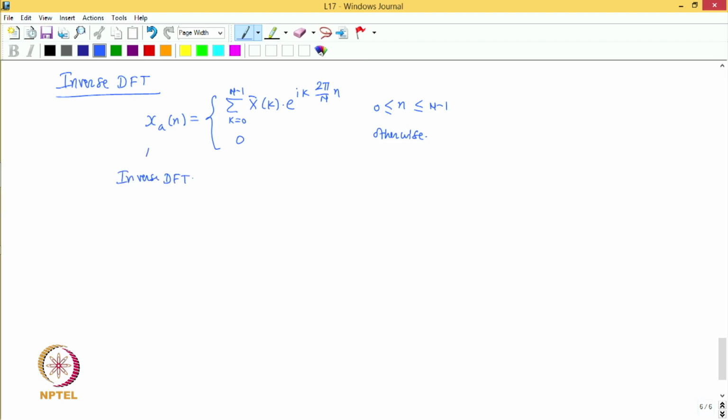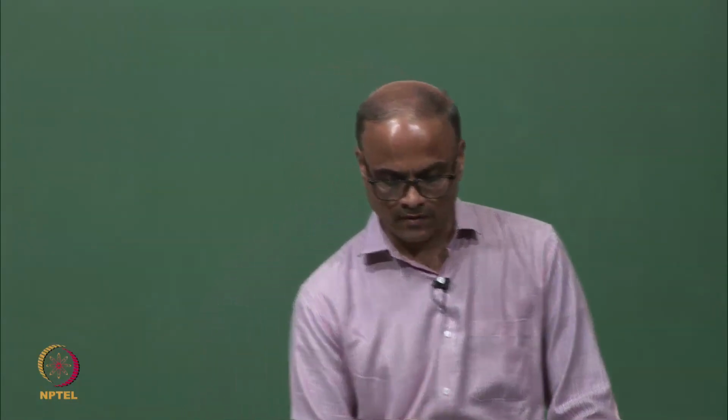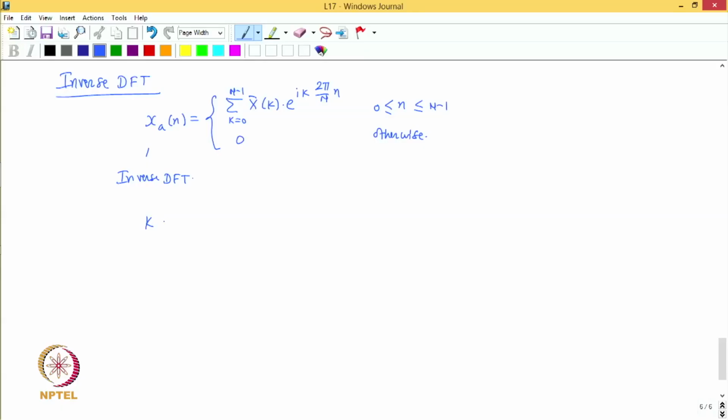Another point to be noted here is that the range of k we have defined is from 0 to n minus 1, but we can also define the range of k from minus n by 2 up to n by 2 minus 1. So either of these ranges can be used for the index k.